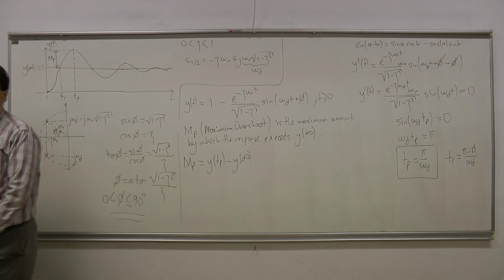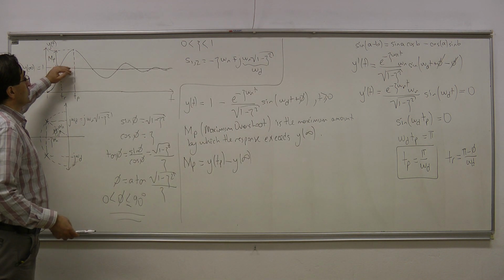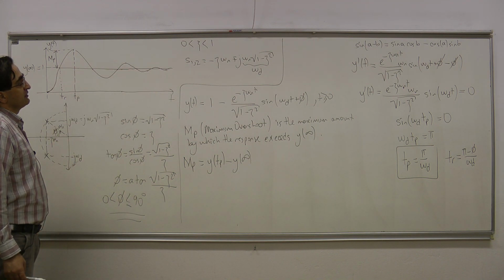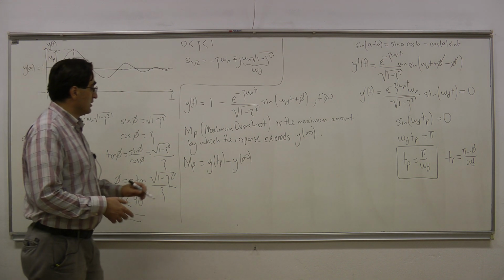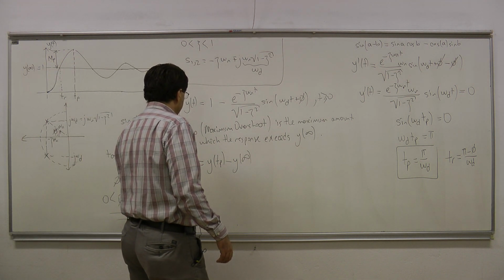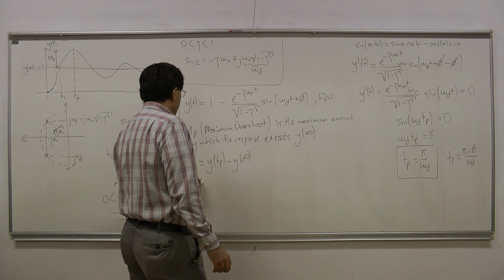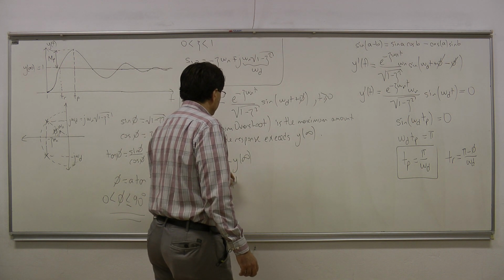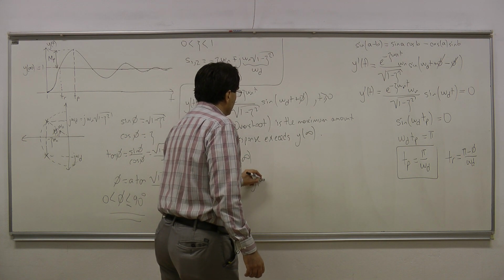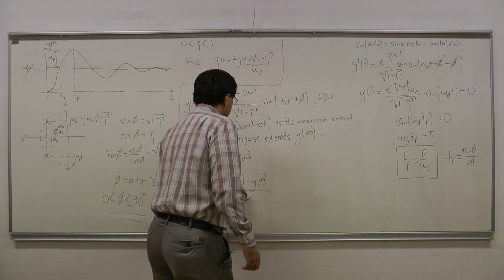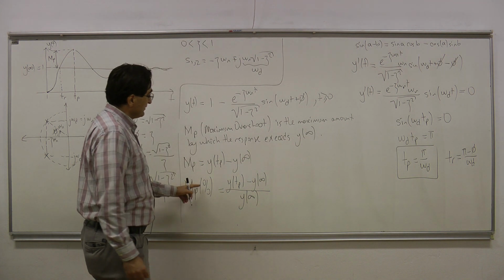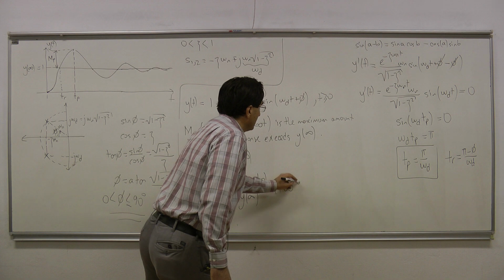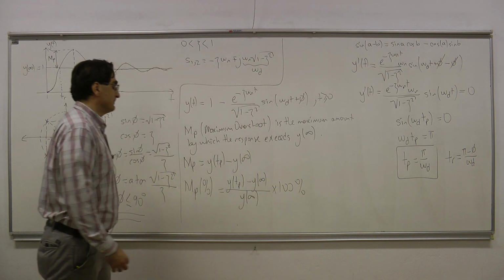Sometimes this response does not go to 1 at the end, and in that case we're going to be interested in the percentage maximum overshoot, and it is defined in the following way: percent overshoot is y of Tp minus y of infinity divided by y of infinity. And since I need to give a percentage, I multiply this with 100%. Okay?